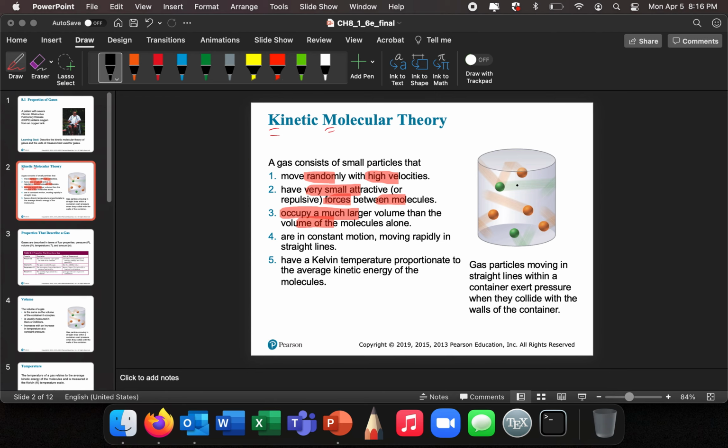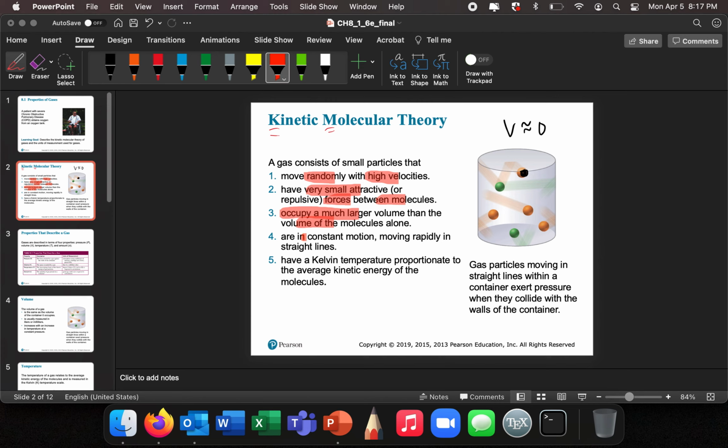What I mean by that is that this particle is very small, so small that its volume is approximately 0. So the total volume that the gas occupies is not made of particles, it's made of empty space.